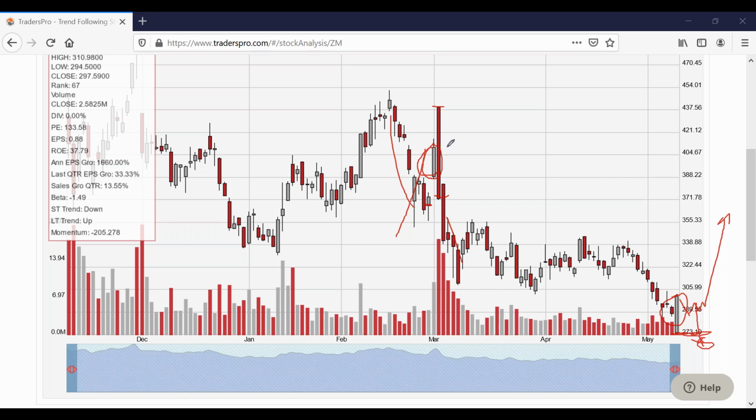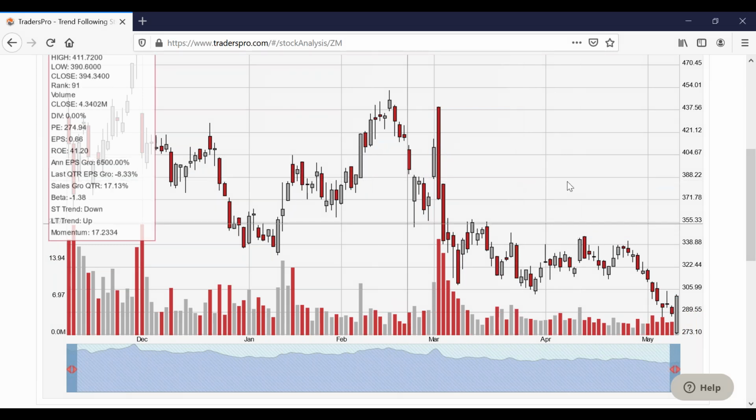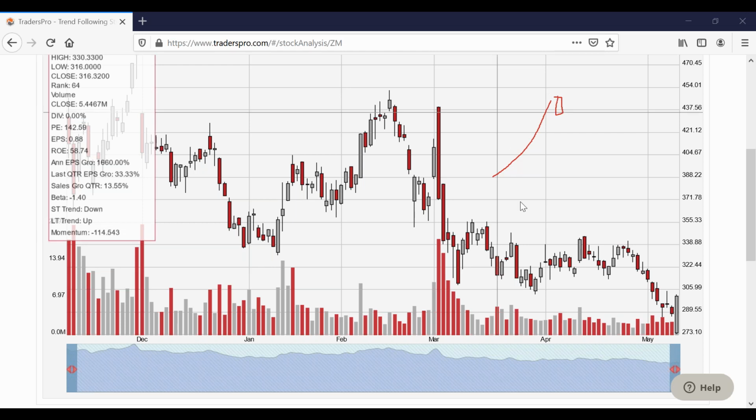I'm just guessing, because usually you don't see that violent of a reversal unless there's an earnings announcement. But I would prefer to see it at least a few days where it's been moving up before getting that bearish reversal, that bearish engulfing.